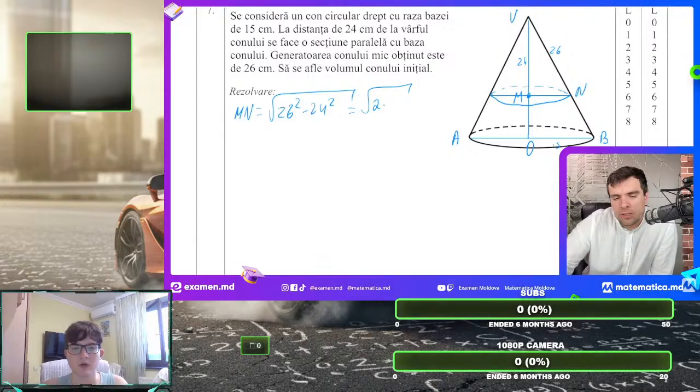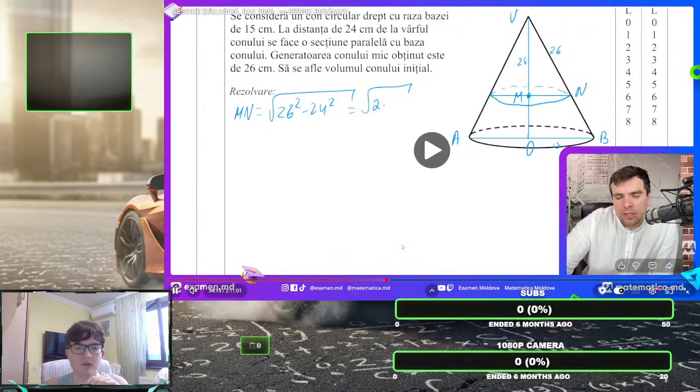But a man is, 26 to the power 2 minus 24 to the power 2. Is it actually that? Yeah, because actually VN is 26, not VB. It's that small triangle of the small cone. So obviously we can find out MN, and it's pretty easy using the Pythagorean theorem. 26 to the second power, how much is that?